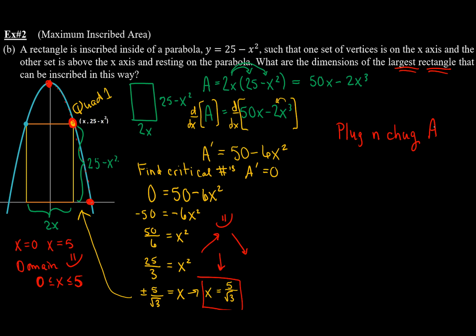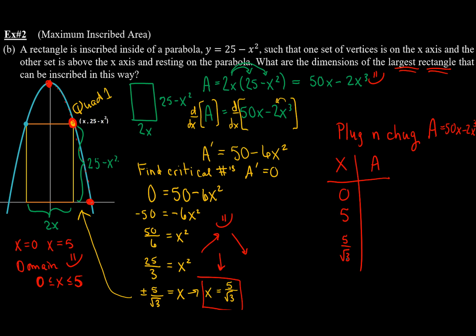I'm going to plug it into the regular area formula, which is 50x minus 2x cubed. Remember, I got that there. So for x in A, I have an x value of 0, an x value of 5, and an x value of 5 divided by the square root of 3.